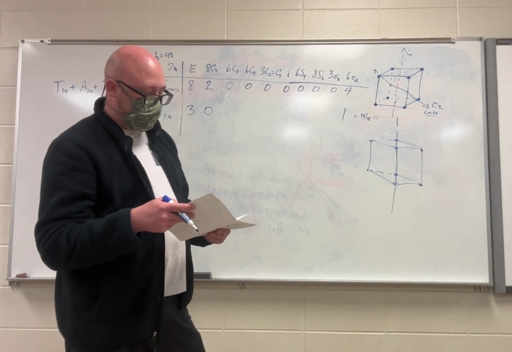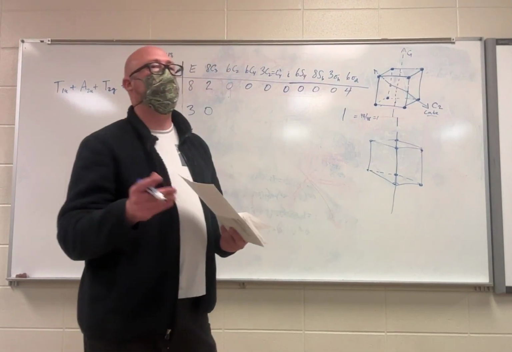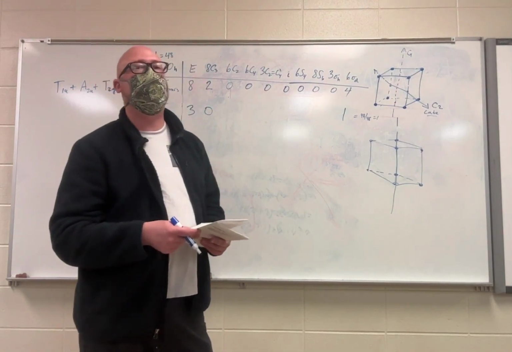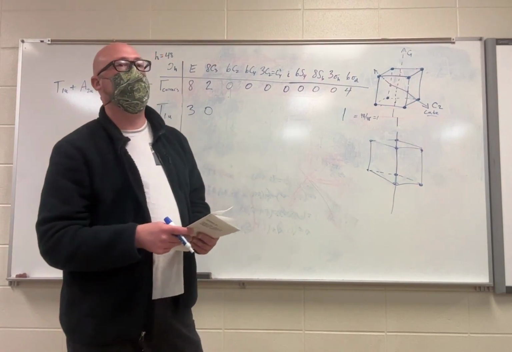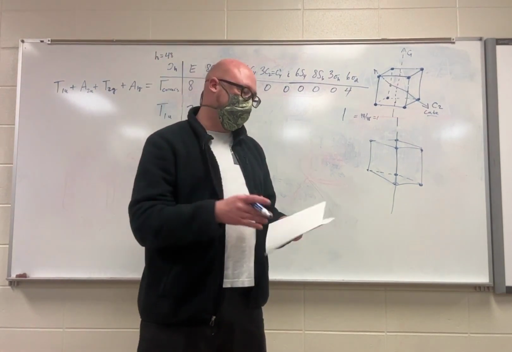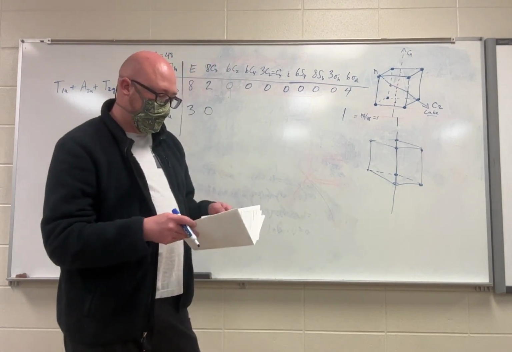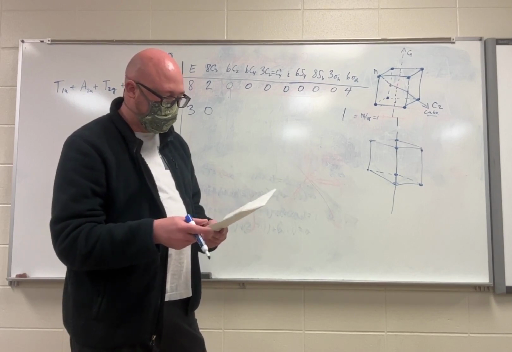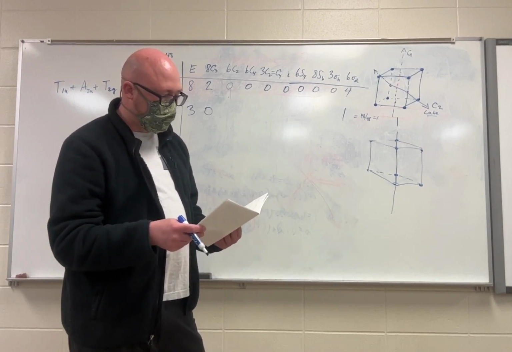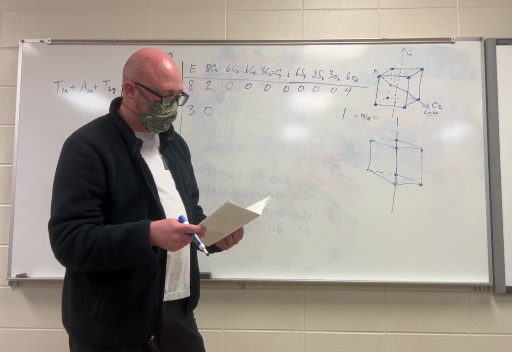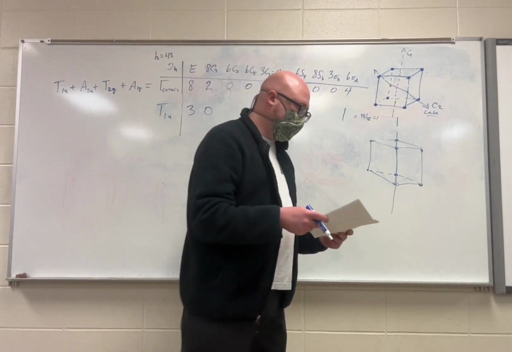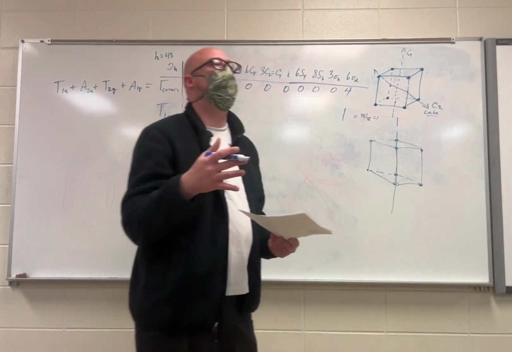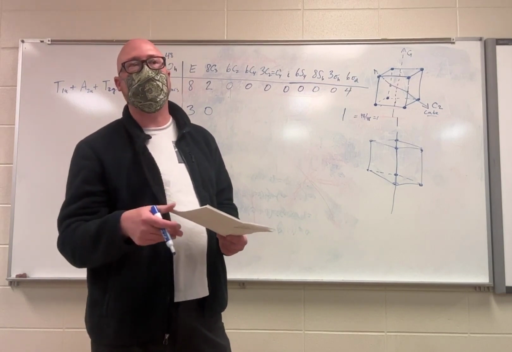And then we went through the idea of sigma D versus sigma V. In all cases, those are vertical planes oriented along the principal axis. They contain the principal axis, but the sigma V's versus sigma D's have to do with whether they contain the C2s that are perpendicular to the principal axis.